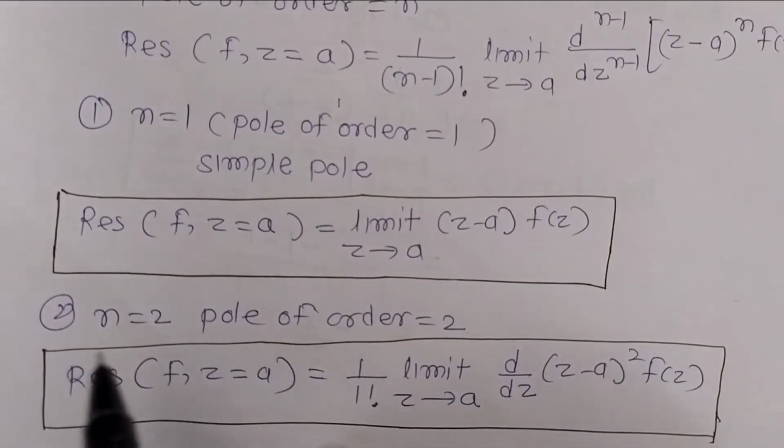When n = 2, the pole is of order 2, and the residue of f at z = a is 1/1! times the limit as z tends to a of d/dz of (z - a)^2 f(z).